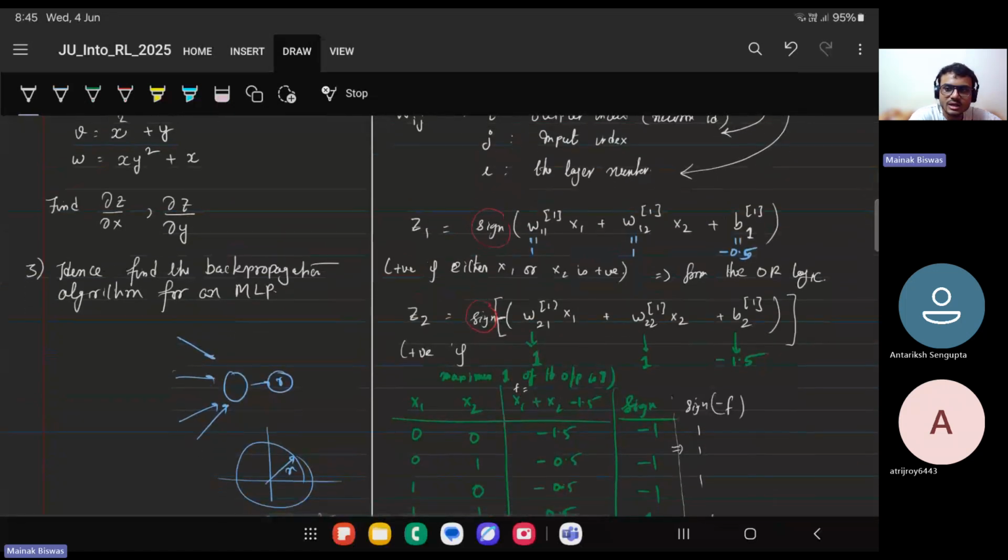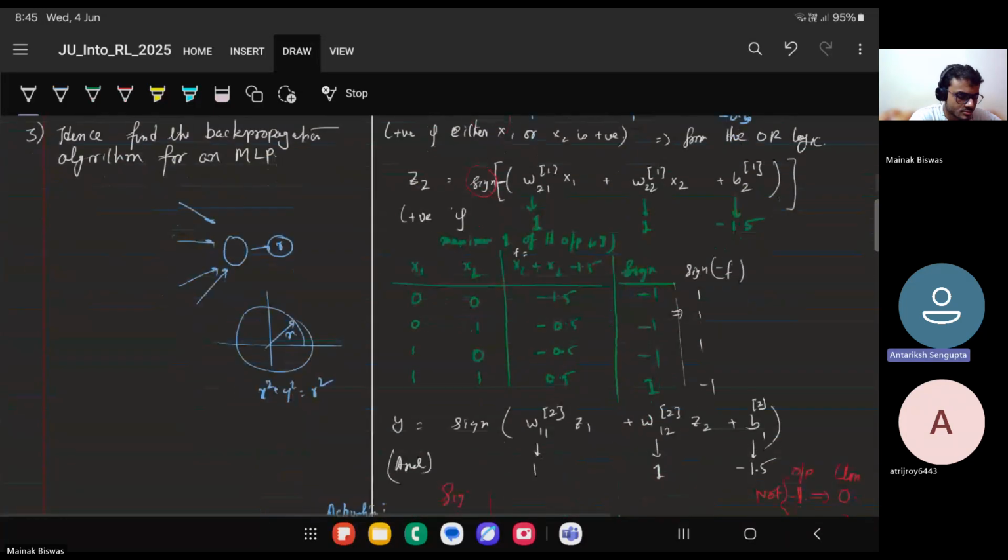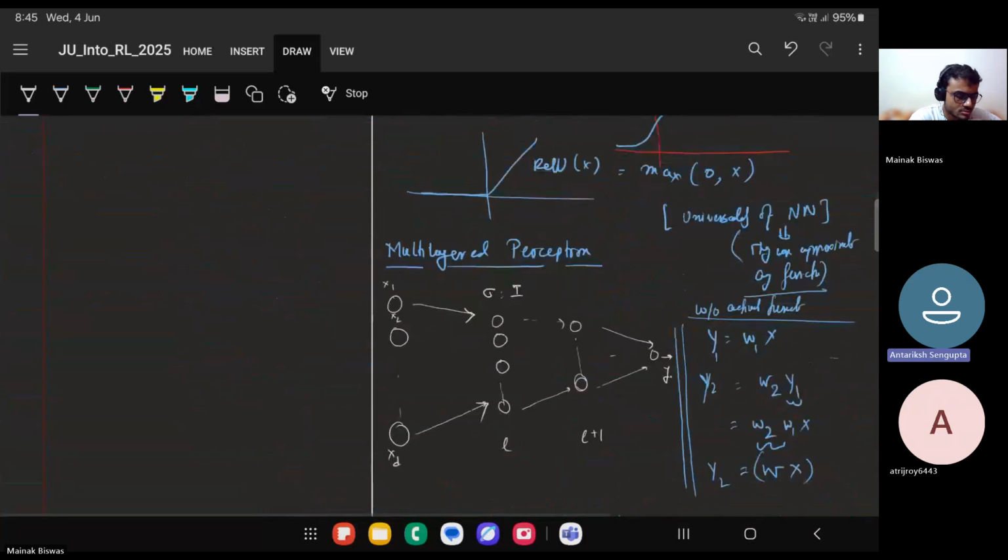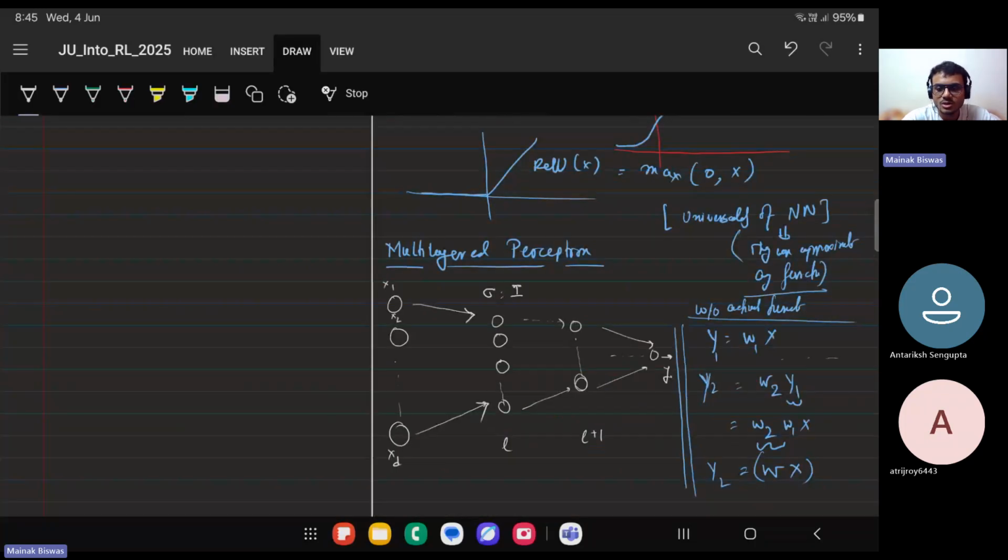We use the sine nonlinear function over here, no? Yes, when we are using the sine functions, initially what we had as inputs will be changed into some other inputs, which will then be fed to the next layer. That is true. And at the end, you will be making predictions.